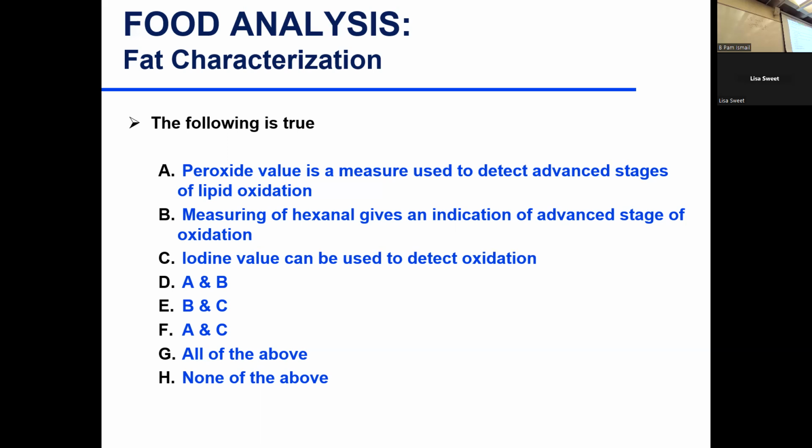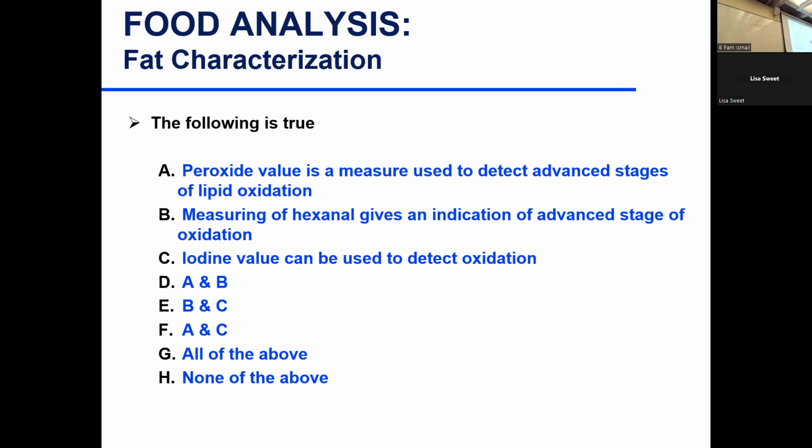So the more double bonds you have, the higher the iodine value you get. Remember that; it will be important for your lab. So iodine value is a measure of the degree of unsaturation.